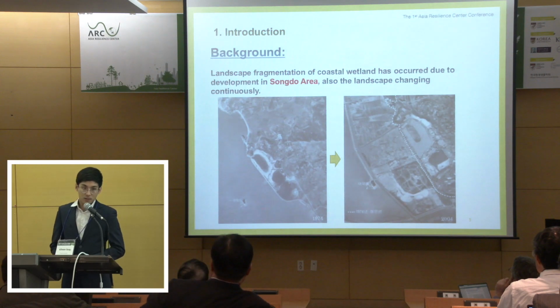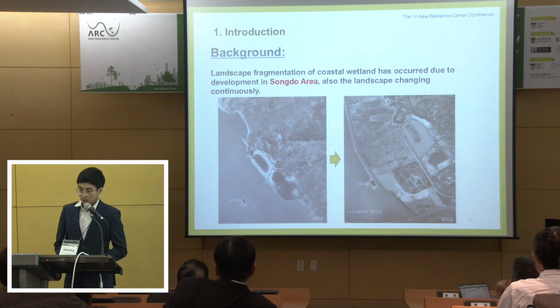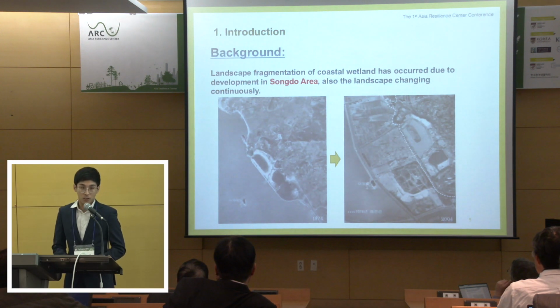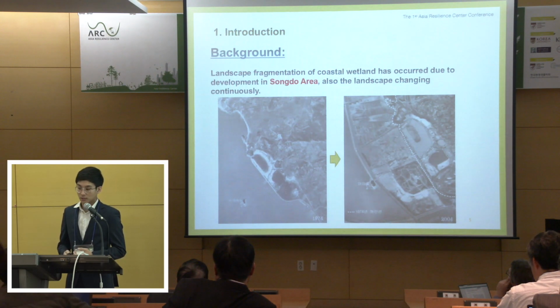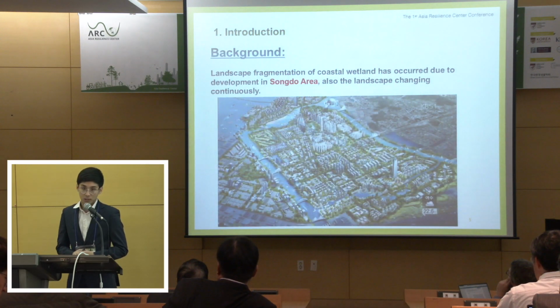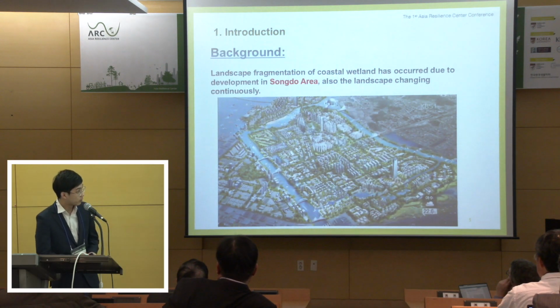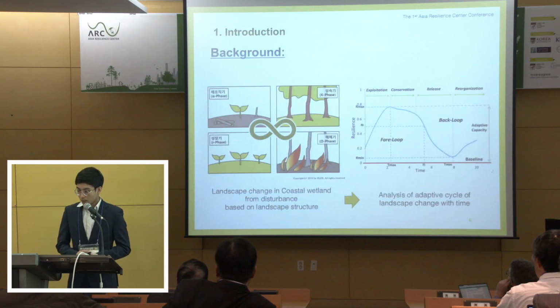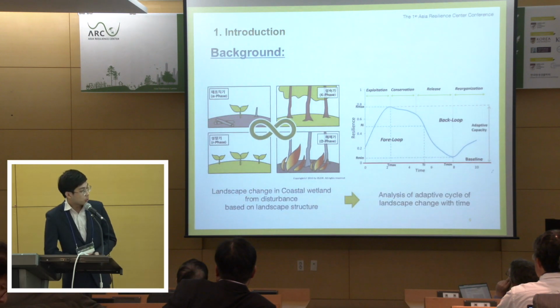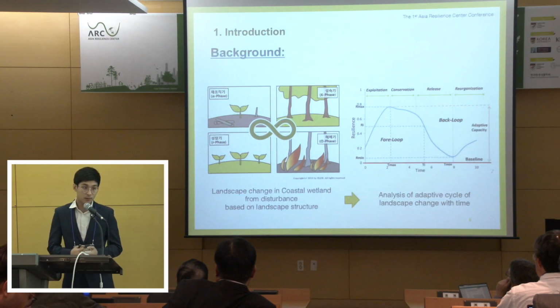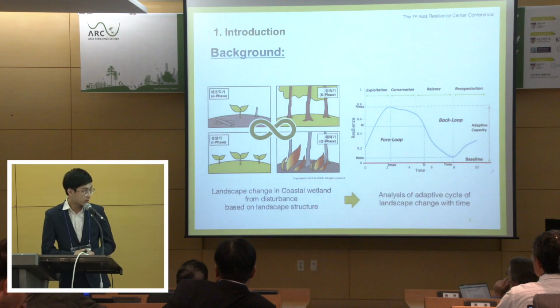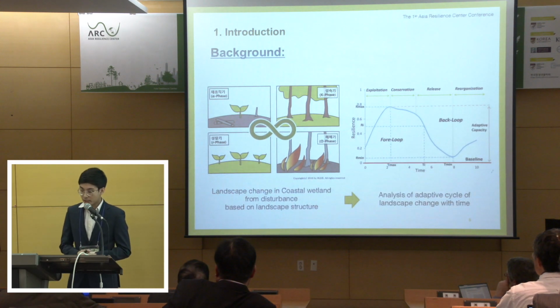Our study site is the Songdo area in Incheon metropolitan city, where the landscape fragmentation and change of coastal wetland has occurred very continuously due to development such as the Songdo International City Development Project. So we need to identify the landscape change in coastal wetland from disturbance like reclamation and development, in terms of resilience.